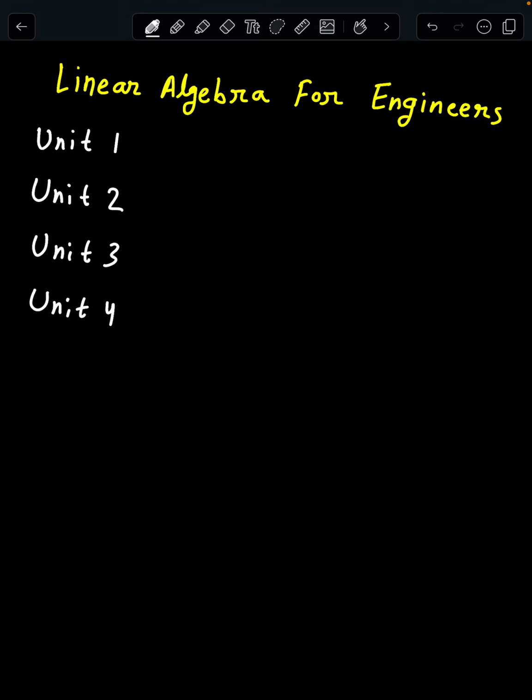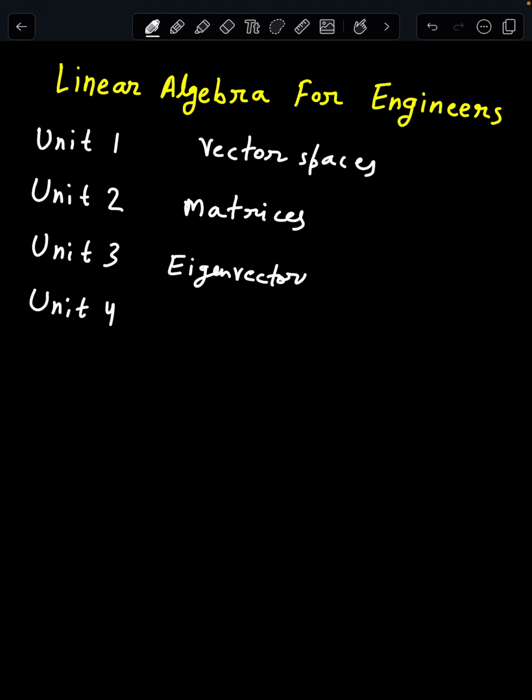Unit 1 will be about the vector spaces, and Unit 2 will be about matrices. Unit 3 will be about the eigenvectors and eigenvalues, and Unit 4 will be about determinants.